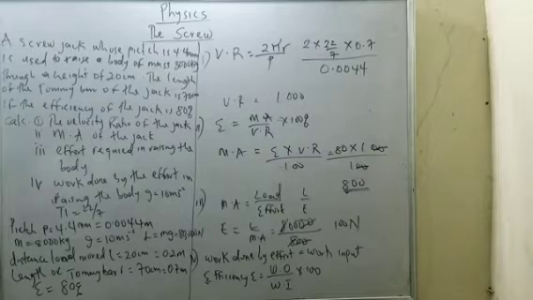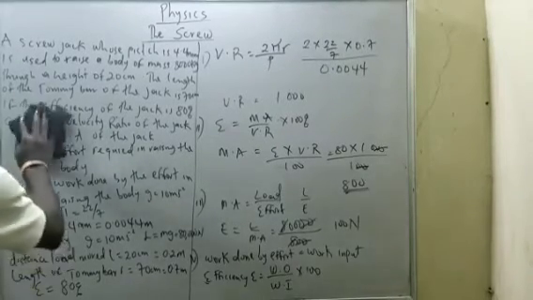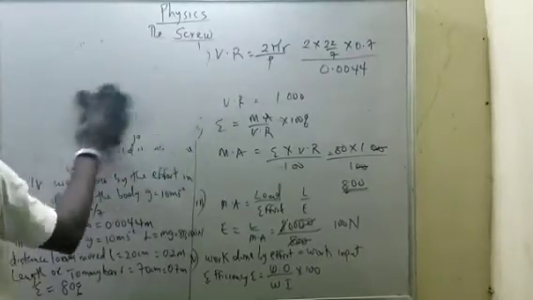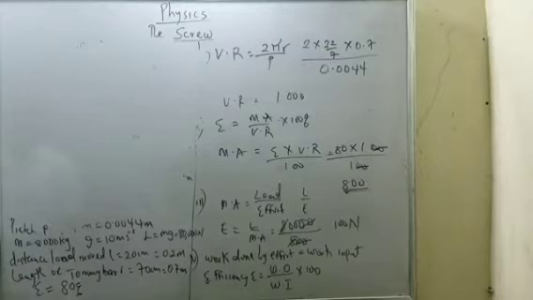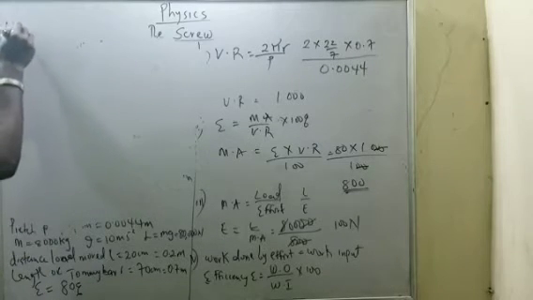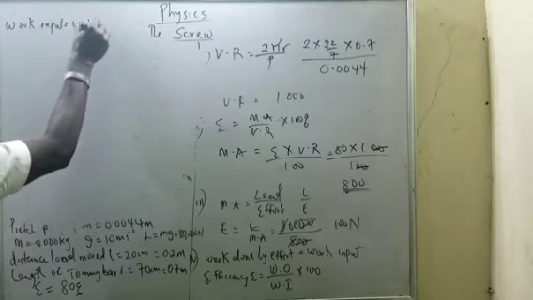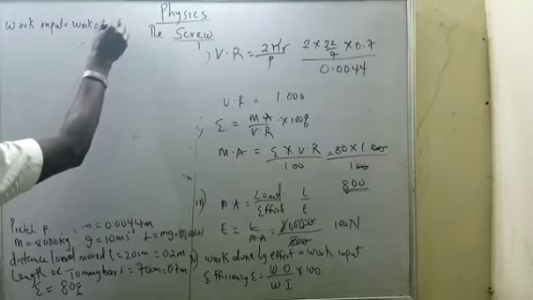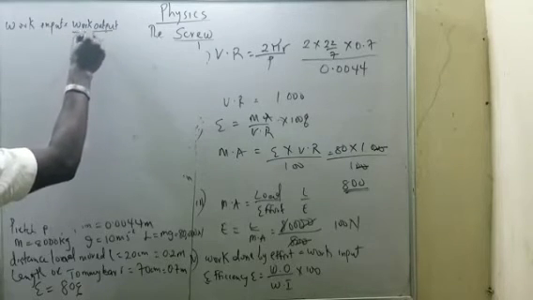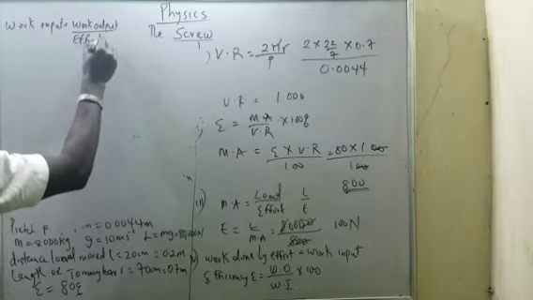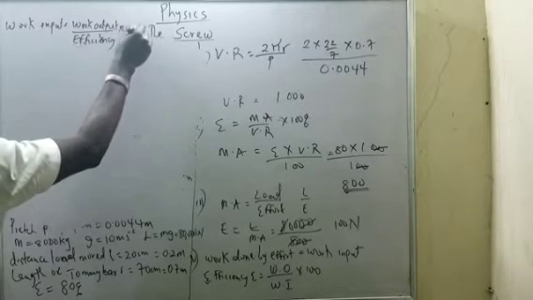So I can say that work input equals work output divided by efficiency multiplied by 100%.